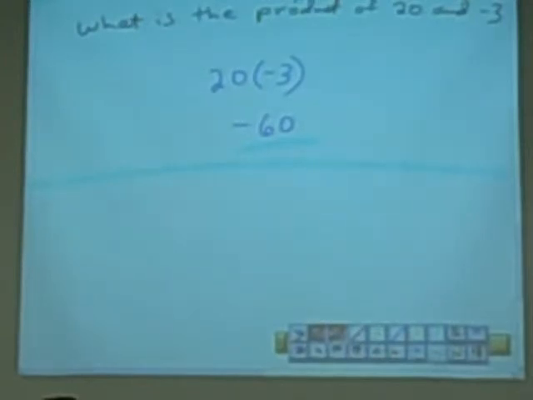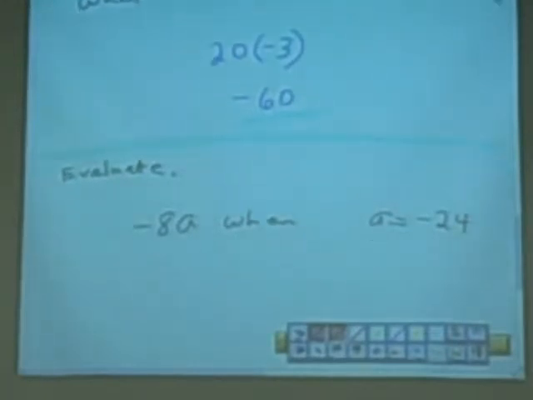Okay, let's say that we want to evaluate these next problems here. We have a negative 8a. We want to evaluate negative 8a when a equals a negative 24.